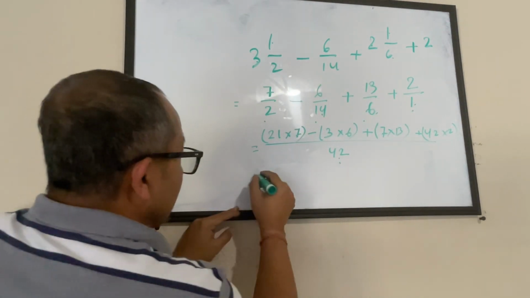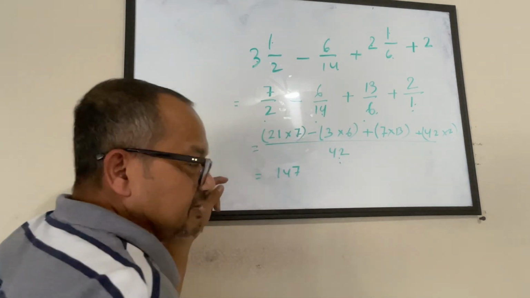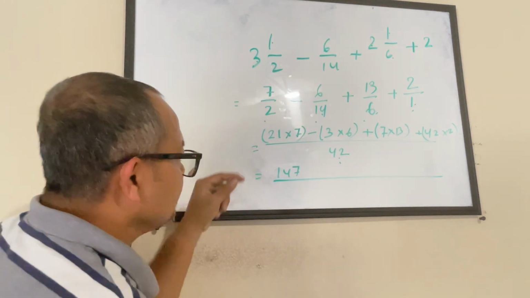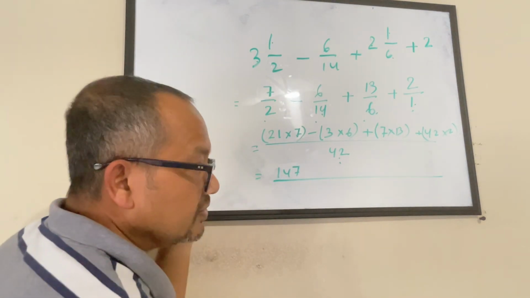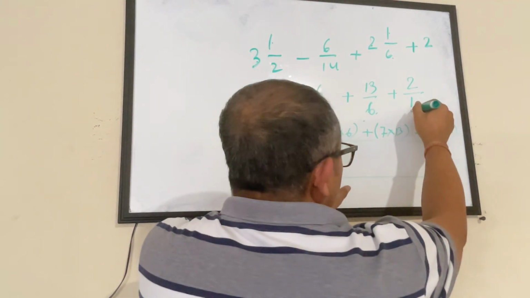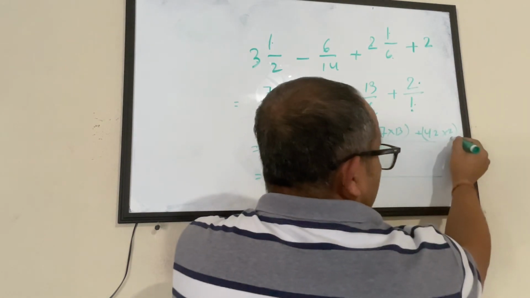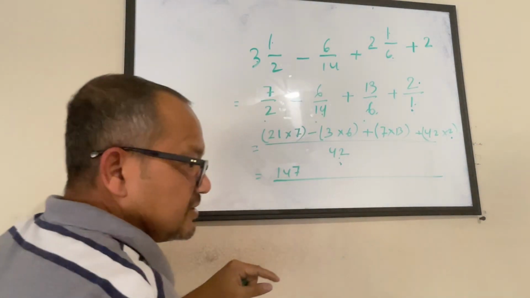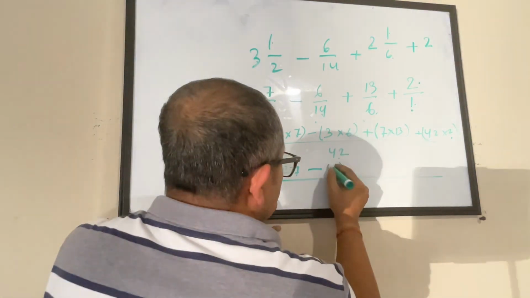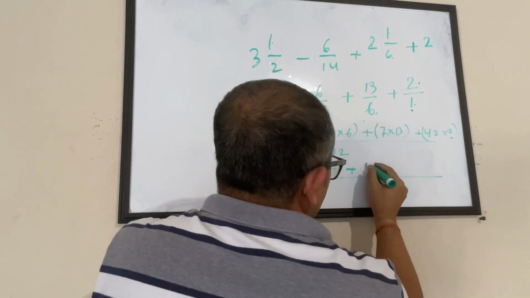So this gives me 21 7s is 147. I can do it because you guys will calculate by yourself. 42 times 2, because here the denominator is 1. Minus 3 6s is 18. Plus 13 7s is 91.